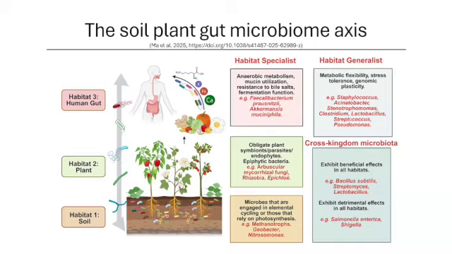So again, many of these microbes tend to have important implications for human health. Faecalibacterium is, as they call it here, a habitat specialist. It comes out in poo, but there aren't going to be big colonies of it in the soil or in the plants.